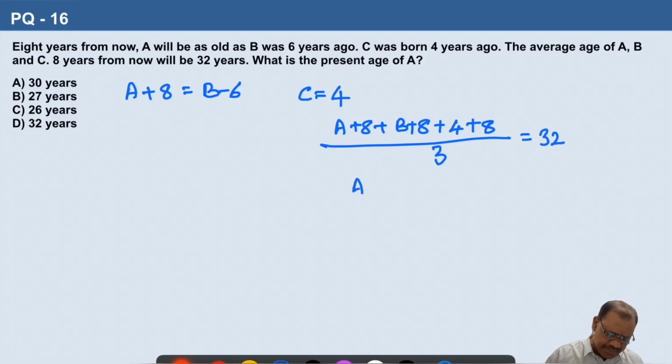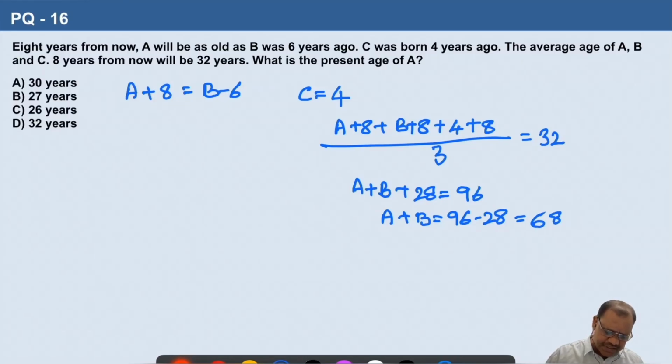So this is A plus B plus 28 is equals to 96. So A plus B is equals to 96 minus 28. That is 16 minus 8 is 8, 8 minus 2, 6. A plus B is equal to 68.